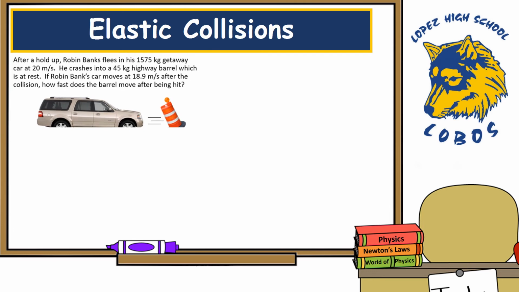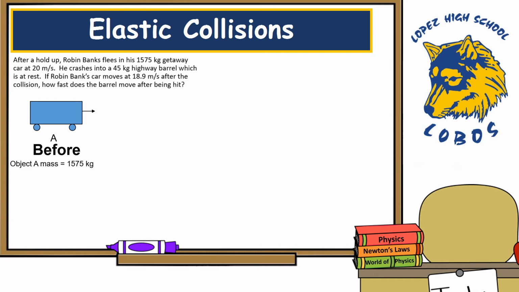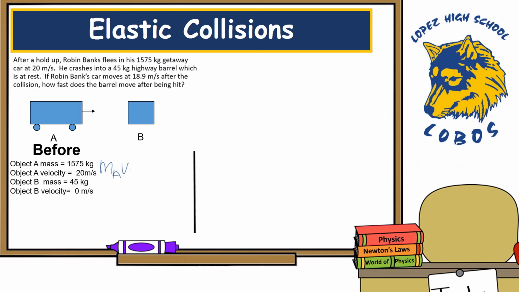We know that before the collision, the getaway car, which we're going to label as object A, has a mass of 1,575 kilograms with a velocity of 20 meters per second, and that barrel, which we're going to label B, has a mass of 45 kilograms with a velocity of 0 because it was at rest. Okay, so let's look at the momentum that is involved before the collision.